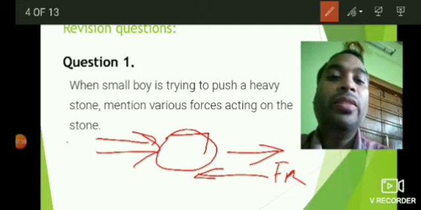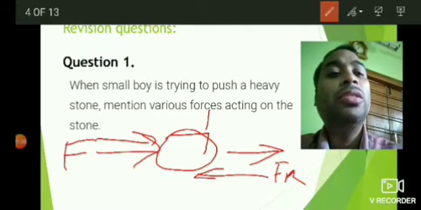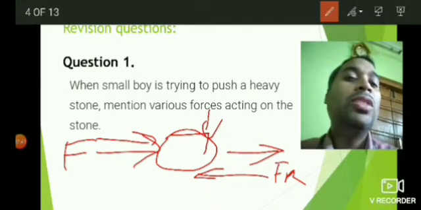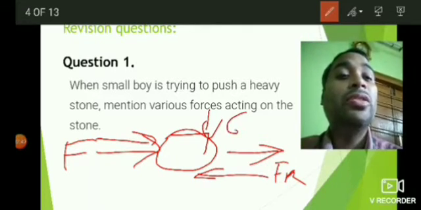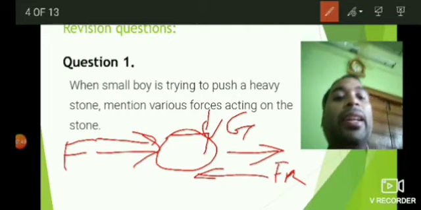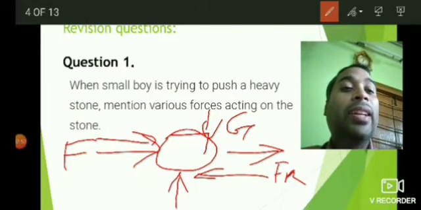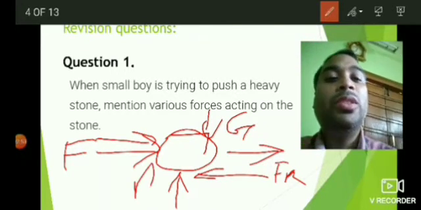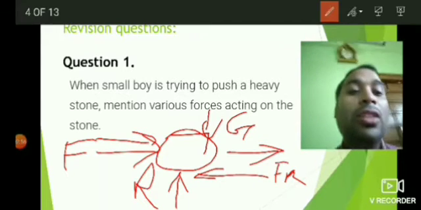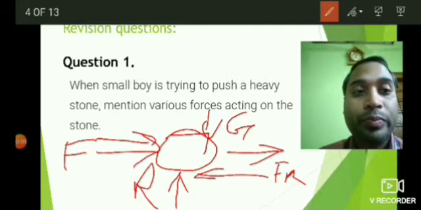Then we have the applied force F. Now we all know that gravity acts downwards, or rather we can say gravitational force is acting downwards. Let us denote this with G. And at the same time the reaction force of the ground acts upward, so let this be denoted by R, the reaction force. So we can say there are 4 different forces acting on the stone.